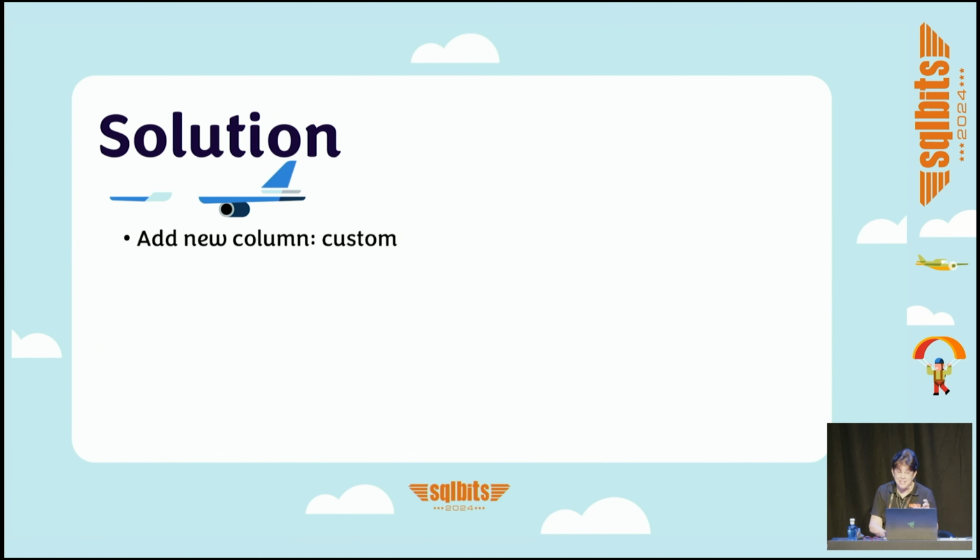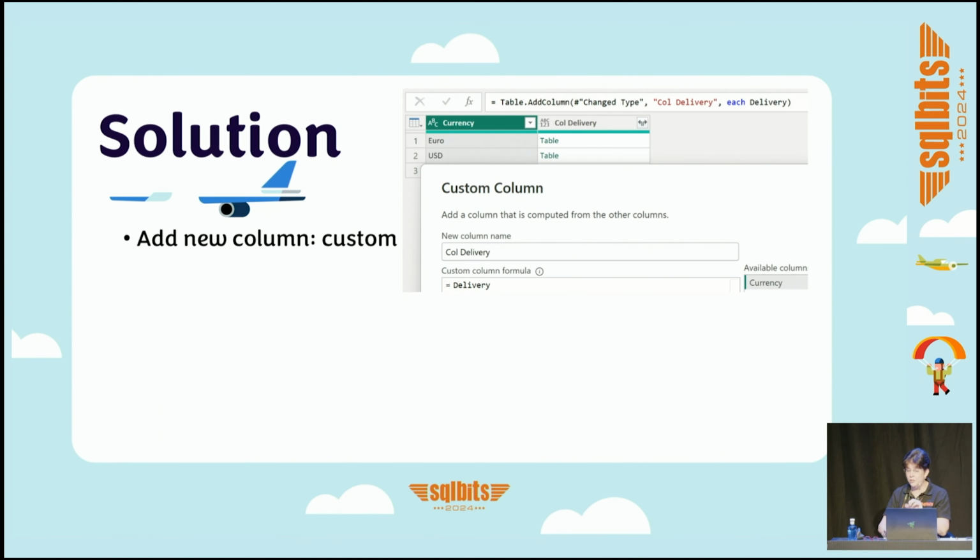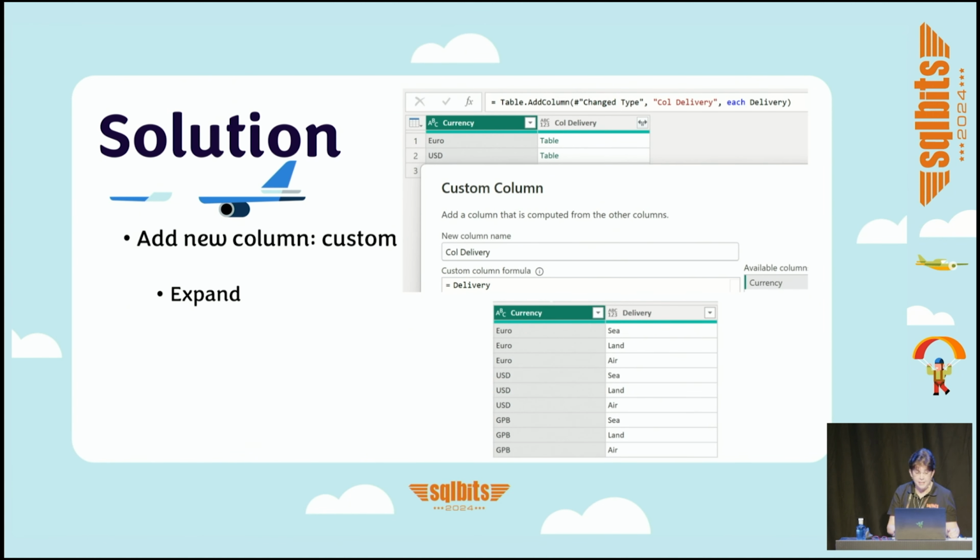The solution is to add a new custom column, and we can call the other query, Power Query, we can ask the query and then take the information. I will show you in a second. Expand the information, and then we can add a new index column, and it will be the same process. Okay, let's see.